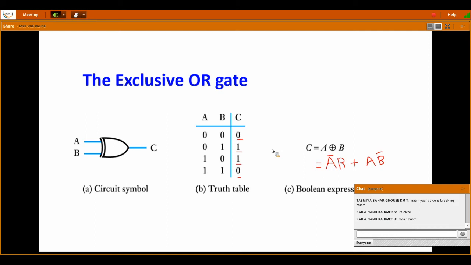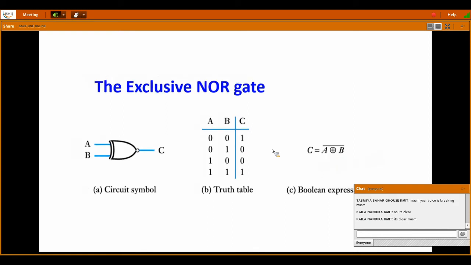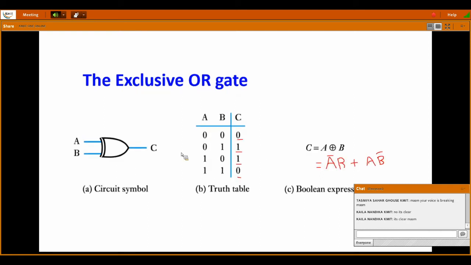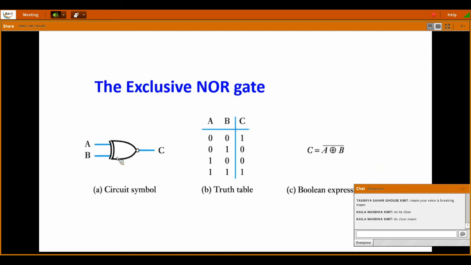Okay, and the opposite of the exclusive OR gate is the exclusive NOR gate. So these two are opposite gates. If you see symbol-wise, the exclusive OR gate is simply like this, but the symbol of the exclusive NOR gate is followed by a bubble. See here, followed by a bubble.